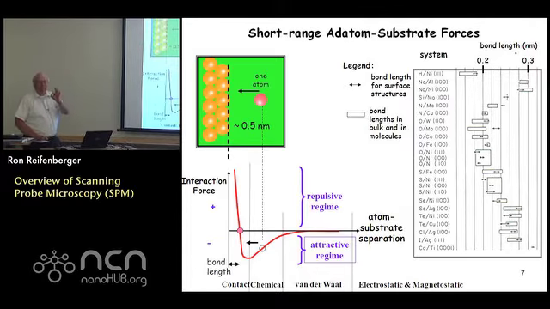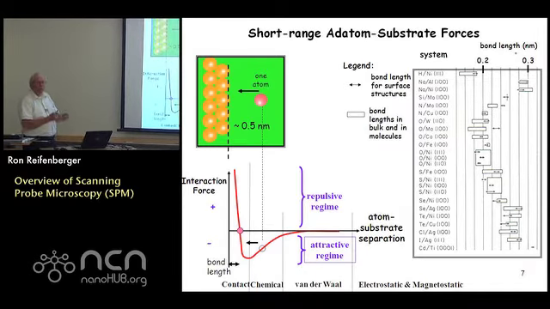So what this atomic force microscope does is it replaces this one atom by a tip, right? But it turns out when you work out all the arithmetic, do all the physics, the interaction force versus tip-substrate separation strongly resembles this type of curve.